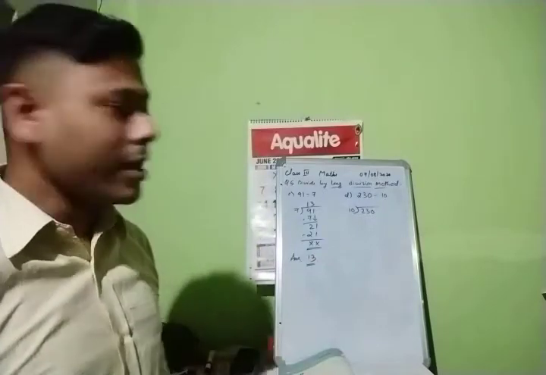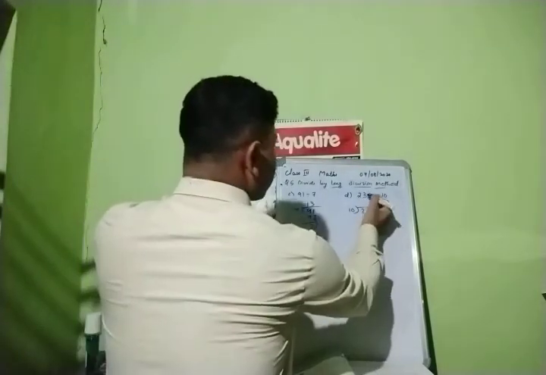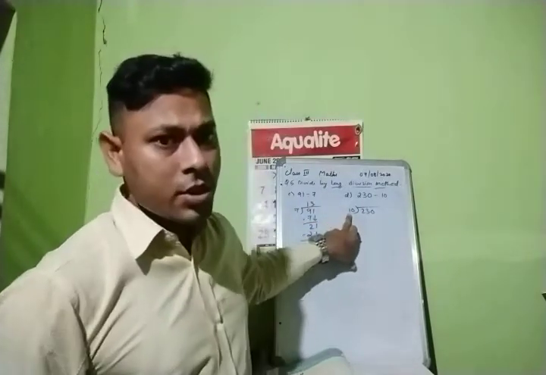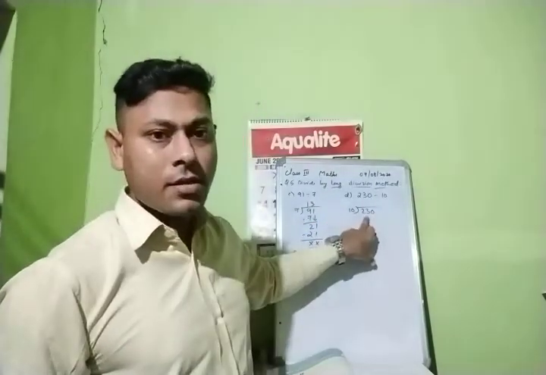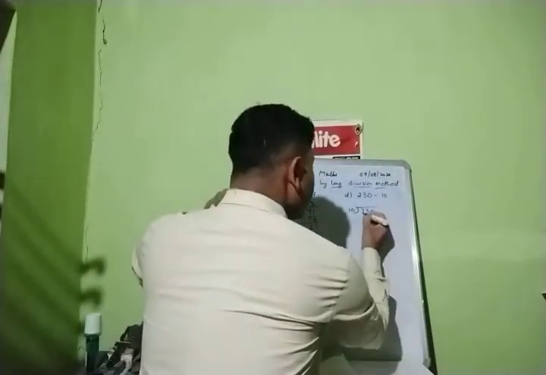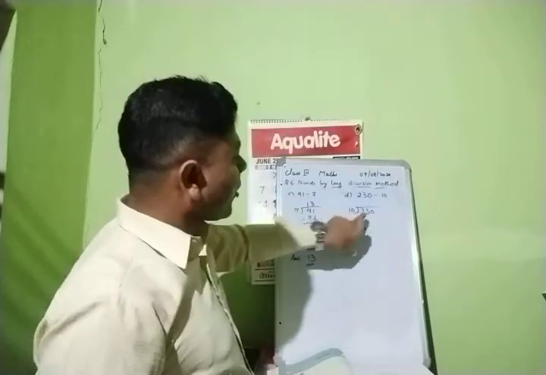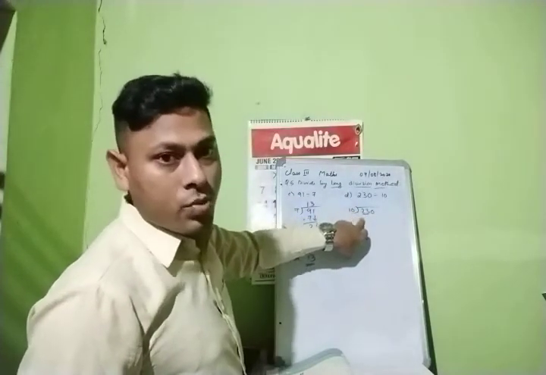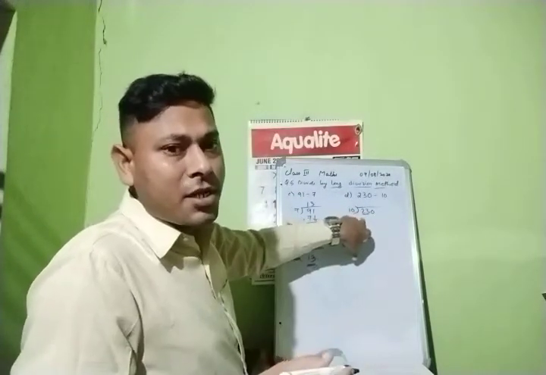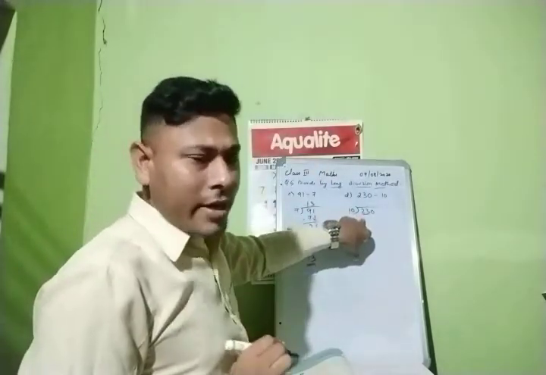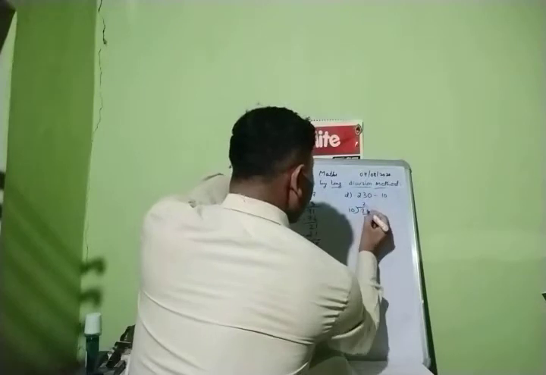Here also. Okay. Now here 230 divided by 10. How many numbers are here? 3. So you also have to take 2 numbers from here. Okay. So 23. Now 10 ones are 10, 10 twos are 20, 10 threes are 30. So it is 23. Can we take 30 here? No. So we have to take before 30. So before 30, what is there? 10 twos are 20.